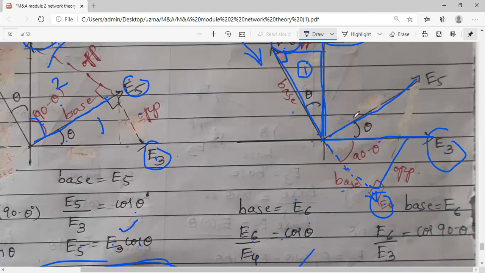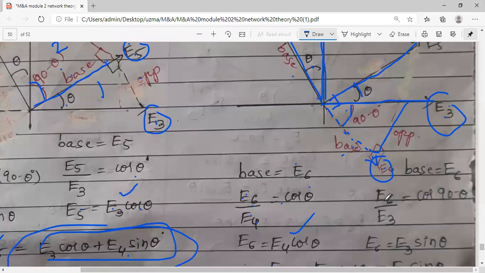If this is your theta and this is your 90 minus theta, the total angle is 90 degrees. This is the base. The segment opposite to this angle is the opposite, and the hypotenuse is E3. So E6 by E3, base by hypotenuse, is cos of angle 90 minus theta. Cos of 90 minus theta is sin theta. E6 is E3 sin theta.